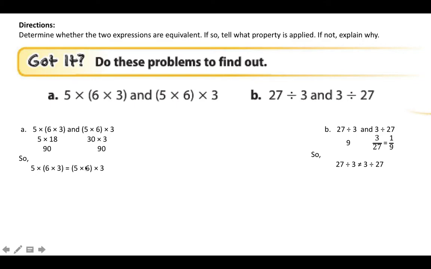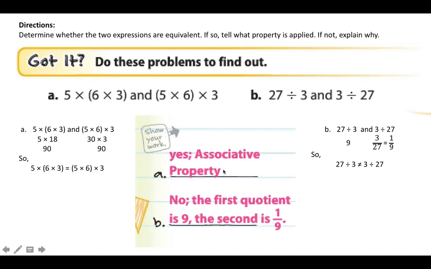So what property are we using here? We've got the same three numbers, but the grouping is different. So that is the associative property. And for B, because the two expressions were not equivalent to each other, we were not modeling a property. The first quotient is 9 and the second quotient is 1/9.